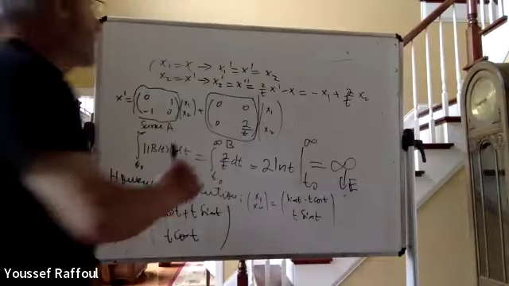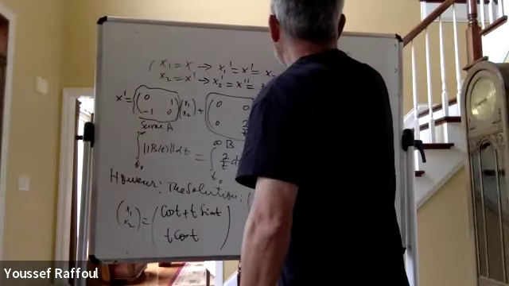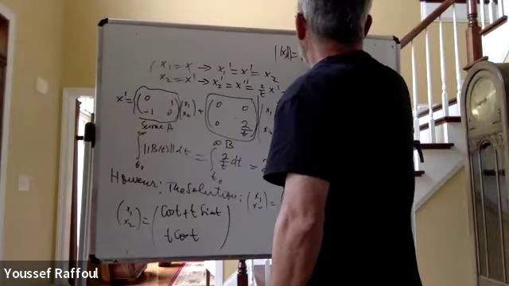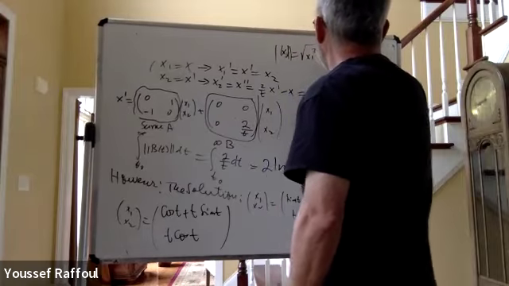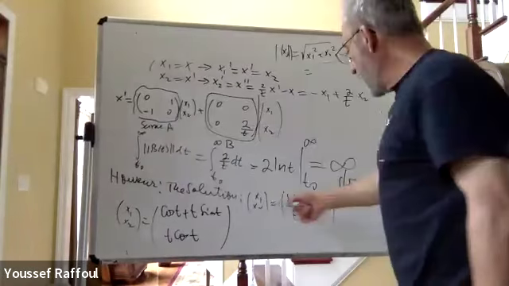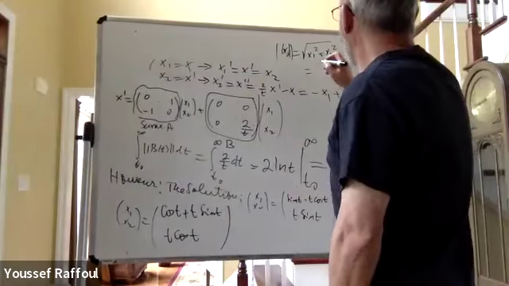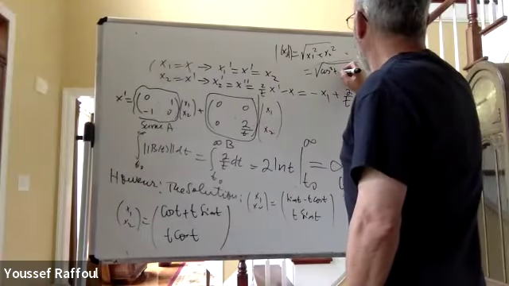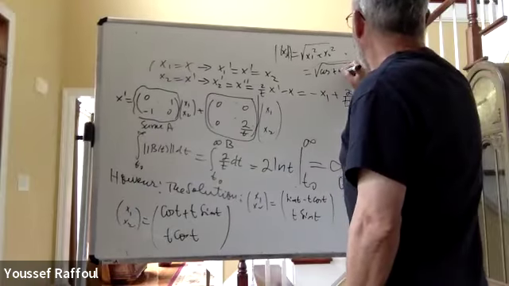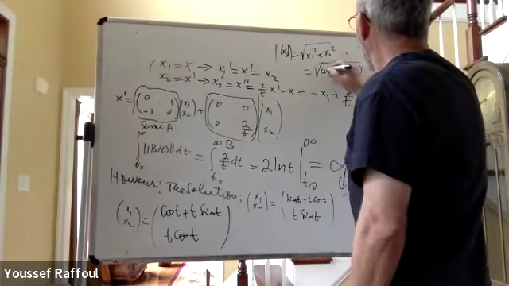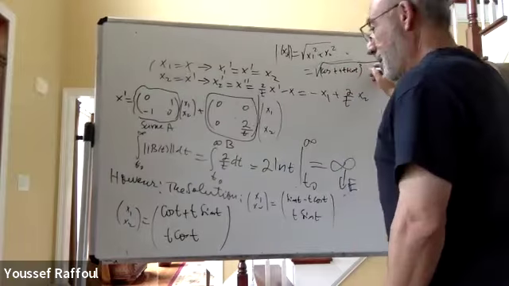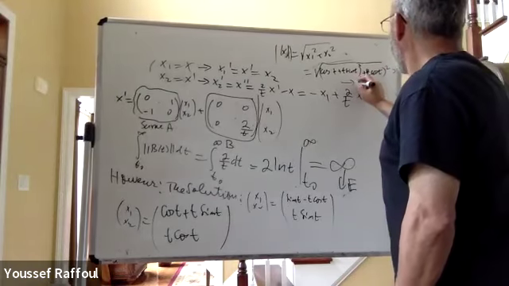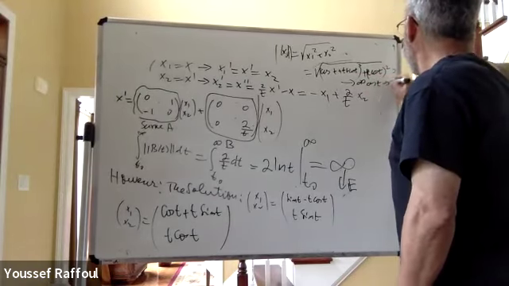And we will see that the absolute value of x, which is the square root of x1 squared plus x2 squared, for any solution, is the square root of (cosine t plus t sine t) squared plus (t cosine t) squared, and that goes to infinity as t goes to infinity.